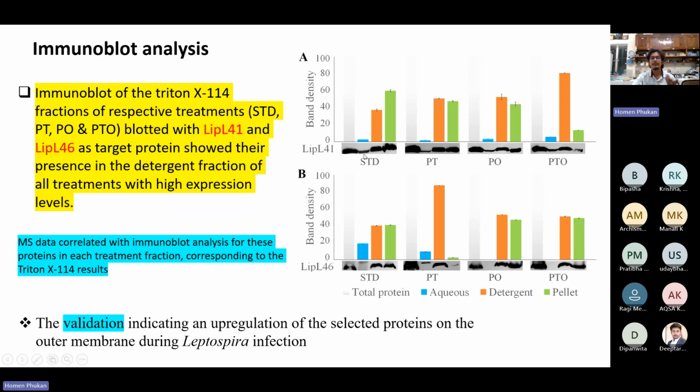So you can see this LepEL41 in control has very low expression, but once we exposed it to all the treatment groups, its expression increased. Since we are targeting the outer membrane, you can see the detergent fraction is expressed highly compared to the control. And similarly for LepEL46. So the validation indicates an upregulation of the selected proteins on the outer membrane during leptospiral infection.